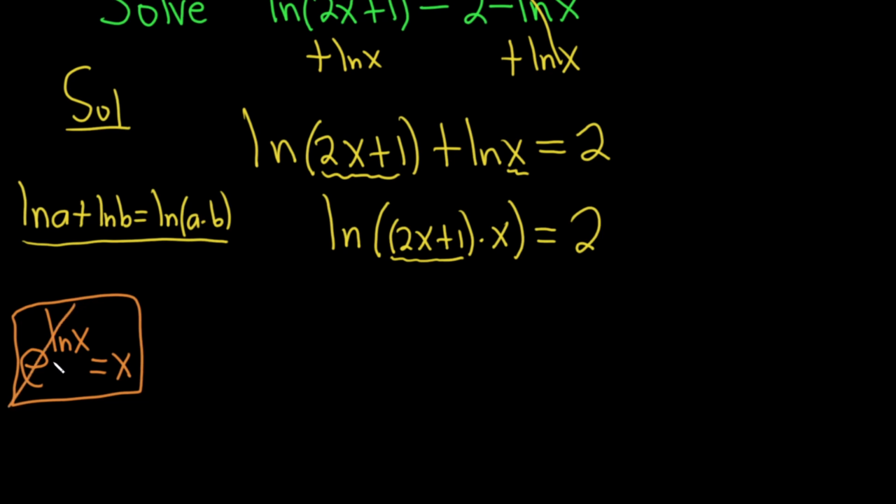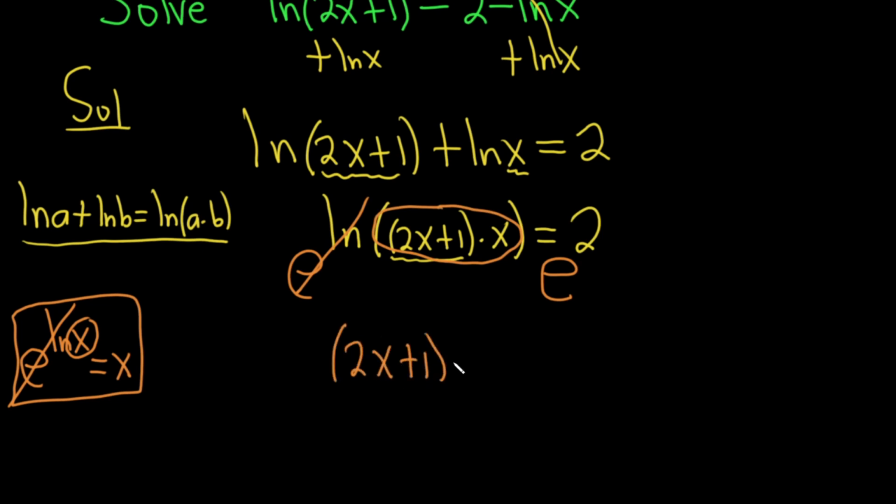In other words, they cancel and you get x. So here we're missing the e, so we can just put it there, and these go away, and you're left with this whole piece here, which is the same thing as your x in the formula. So this is 2x plus 1 times x, and that's equal to e squared.